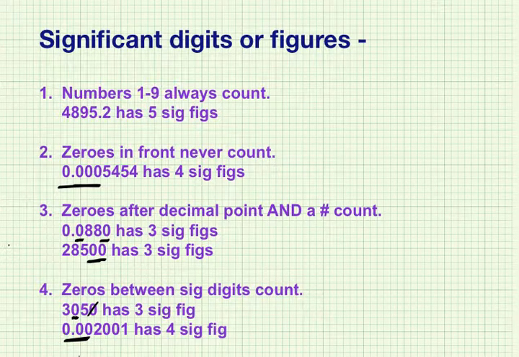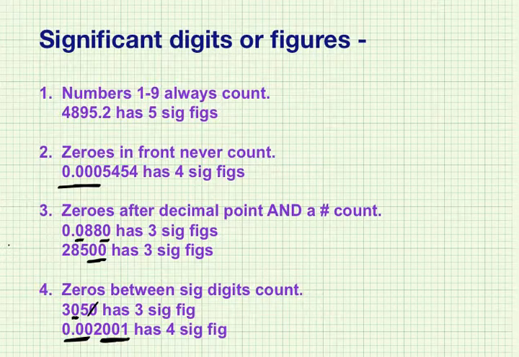We call those placeholders. They are not going to be significant when we're counting significant figures. These 2 do matter. They're going to be significant because they're in between 2 non-zeros. Now real quick, when I marked off that 0, that didn't become 305. It just meant that it was not significant. That's all that I meant there.